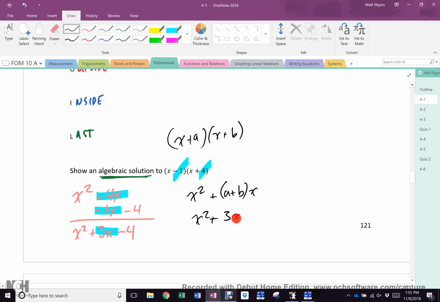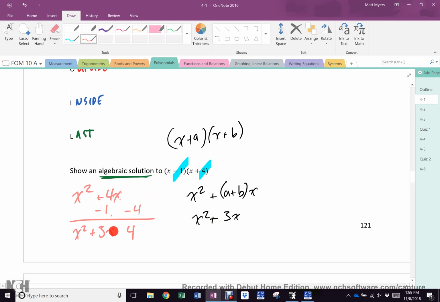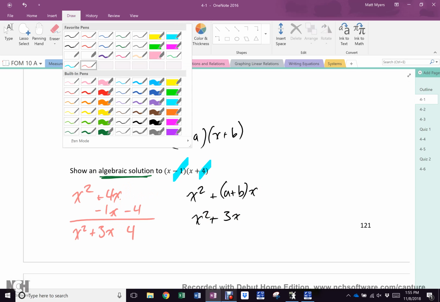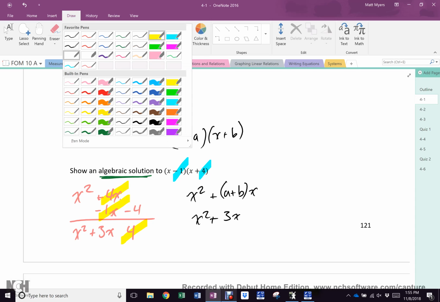Now, is there a relationship that you can see between 4, 1, and negative 4?